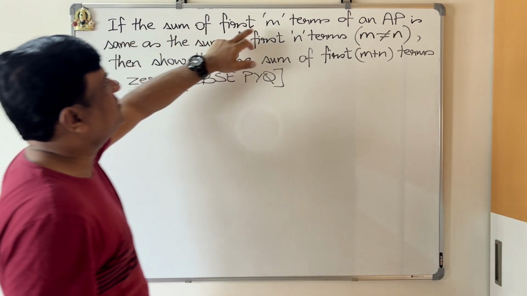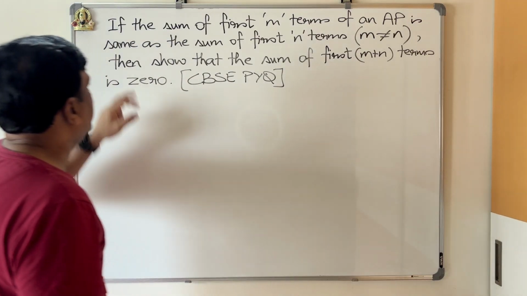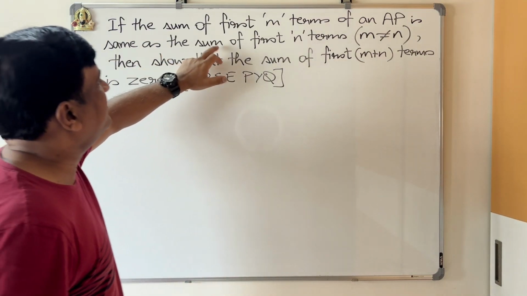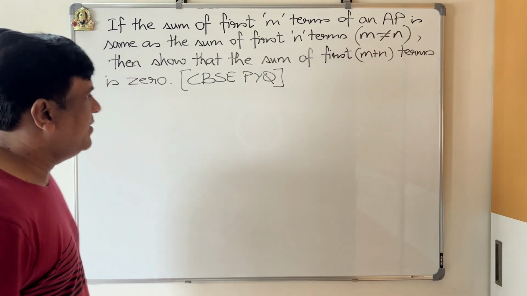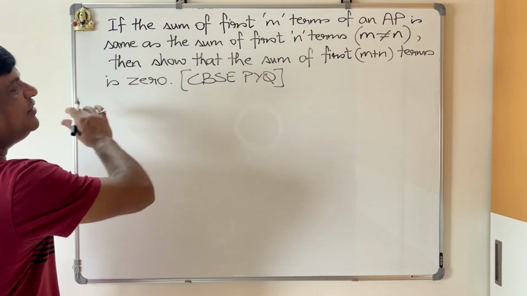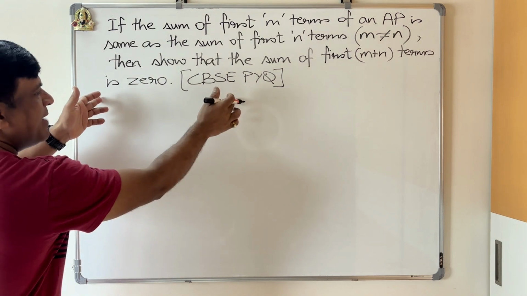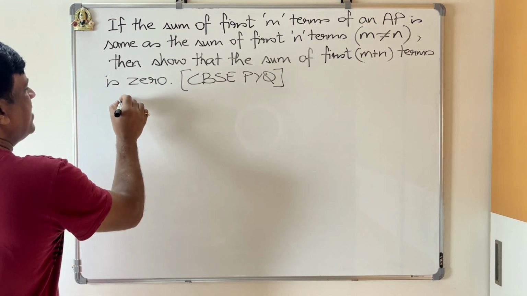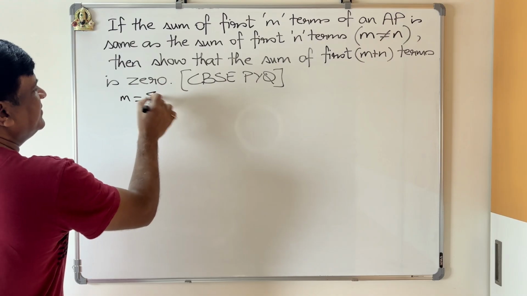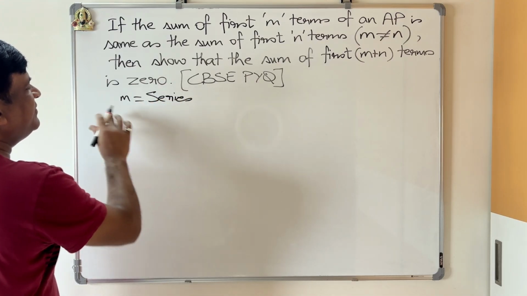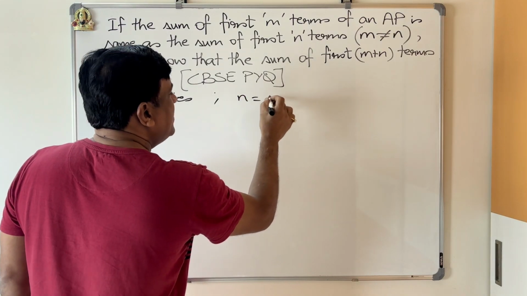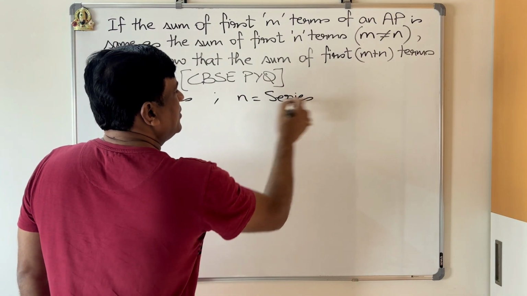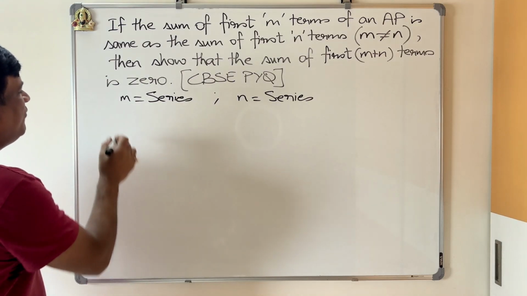If the sum of first m terms of an AP is the same as the sum of first n terms, where m is not equal to n. Suppose you have an AP series of m terms, and you have an AP series of n terms. So what is the sum of m terms?